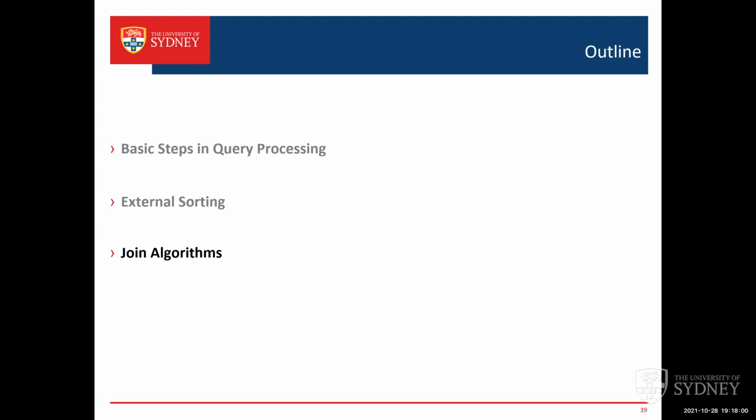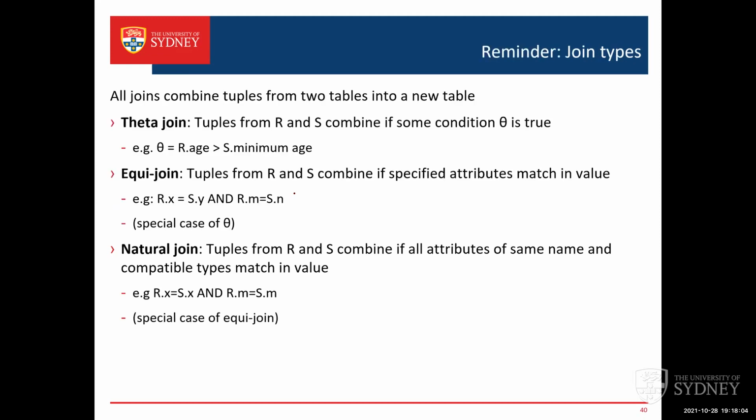So you remember the different kinds of join operation that we have learned. Three sorts of join. First one is theta join. Theta join simply means there will be a condition, right? So if the condition is satisfied, then we will perform the join. Equijoin simply means that there will be an equal relation.